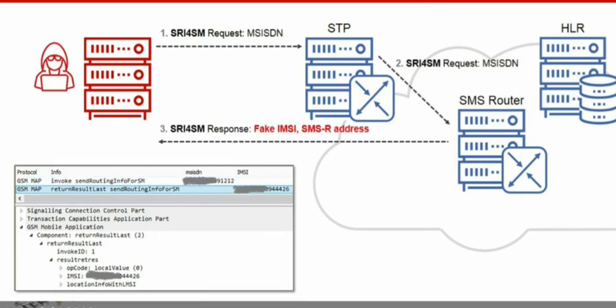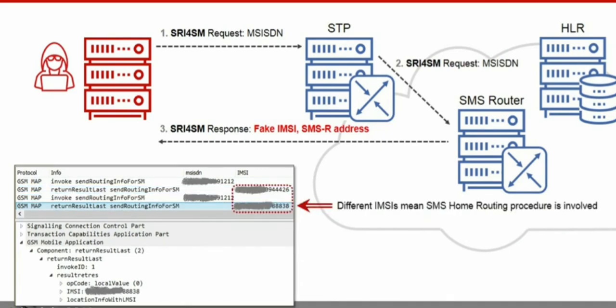The SMS router replies with some data, but at the beginning the malefactor does not know if this data is correct or not. He needs to send the same message one more time, and if he sees different IMSI identifiers in two responses, that means the SMS home routing procedure works properly.